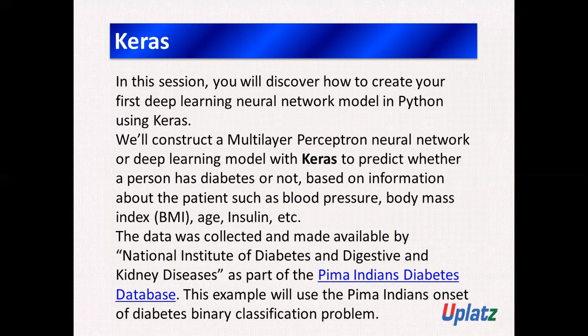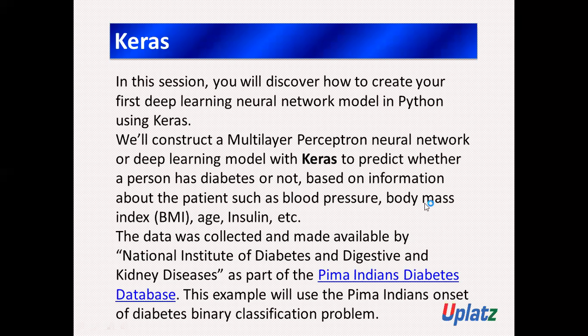We will construct a multi-layer perceptron neural network, or deep learning model, with Keras to predict whether a person has diabetes or not based on information about the patient, such as blood pressure, body mass index, age, insulin, etc. So this is our problem.